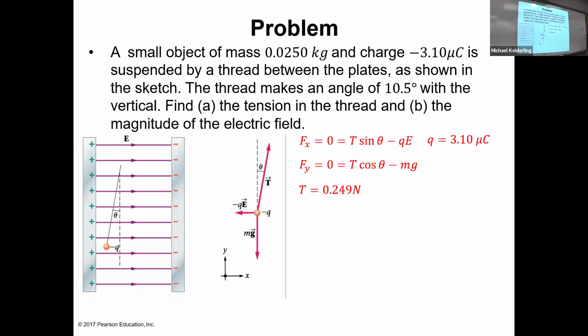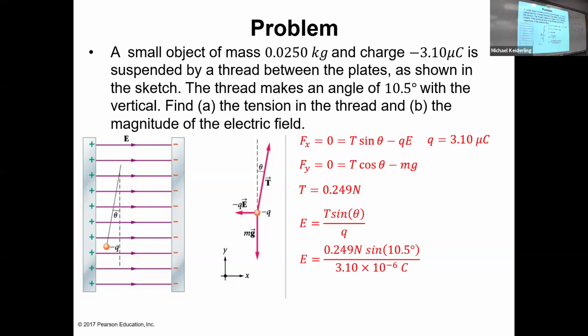Now we could solve for the electric field. Tension is 0.249 newtons. The electric field is going to be tension times sine theta divided by the charge. So minus 0.249 newtons times the sine of 10.5 degrees divided by 3.1 times 10 to the minus 6 coulombs.